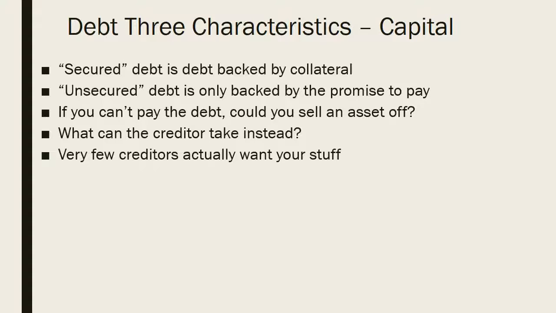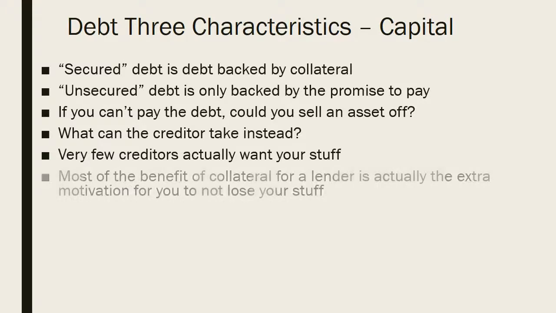They don't like buying and taking over homes. They want to lend you money and have it repaid. So most of the benefit of collateral for a lender is actually to motivate me, for me not to lose my home when I don't pay my mortgage or some other debt that I have, or an auto loan or something like that.